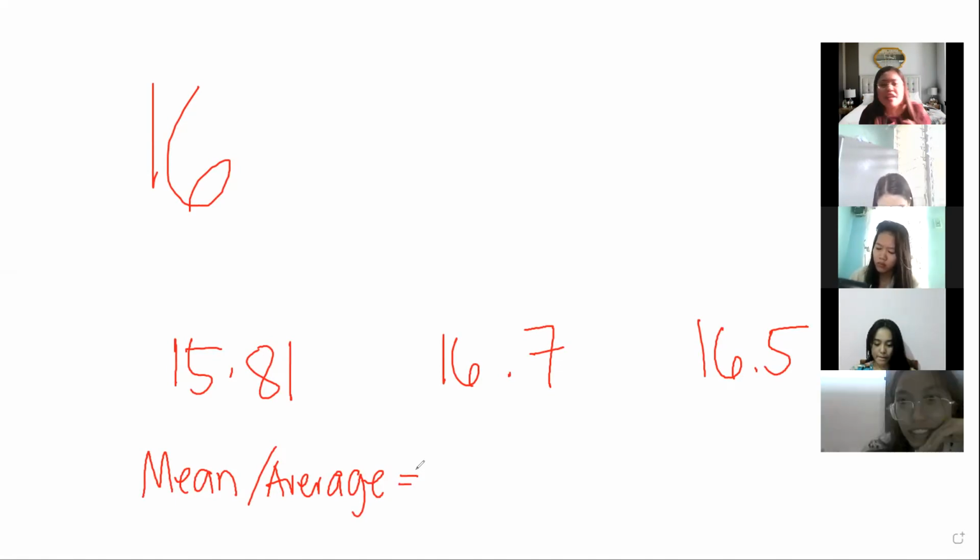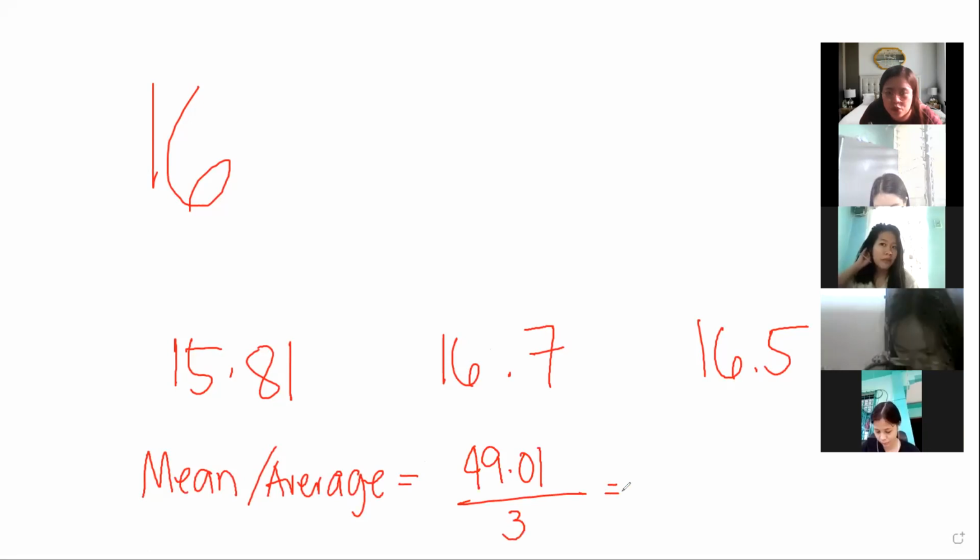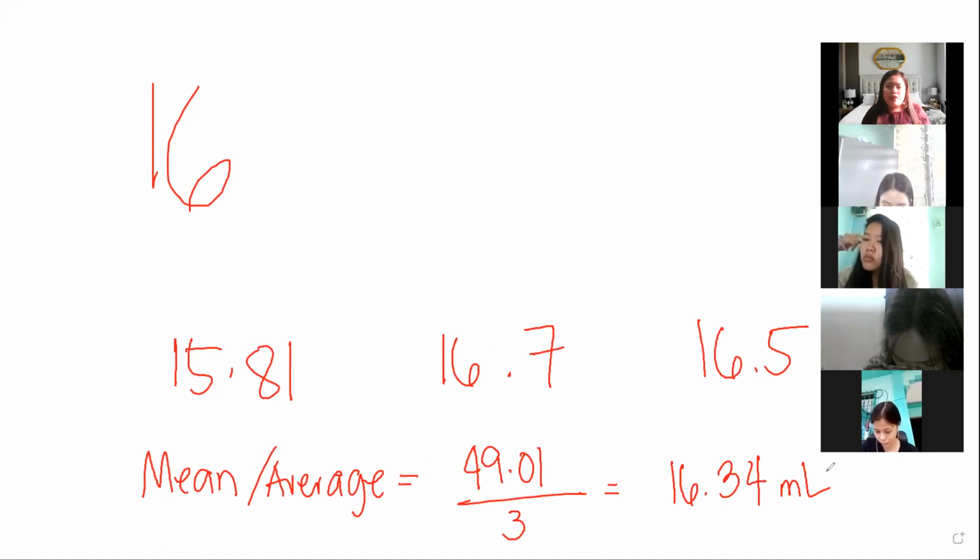Okay, very good. Add them all: 15.81 plus 16.7 plus 16.5 is 49.01. Then divide by how many there are, so three, divided by 3. This is 16.34. That is the average of the volumes obtained. Now, compare it to 16.